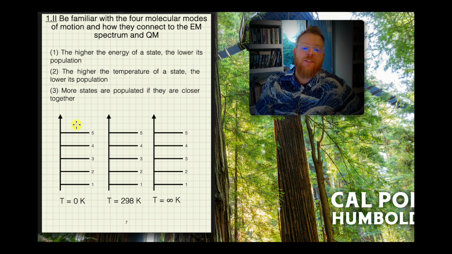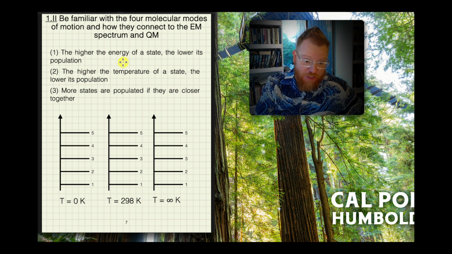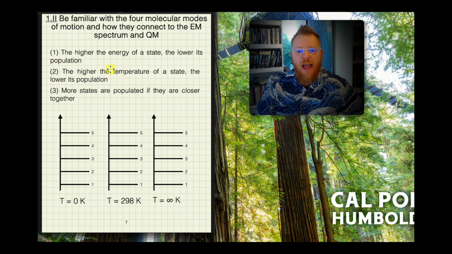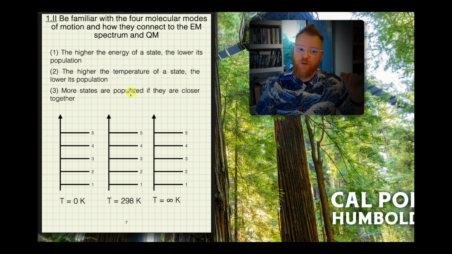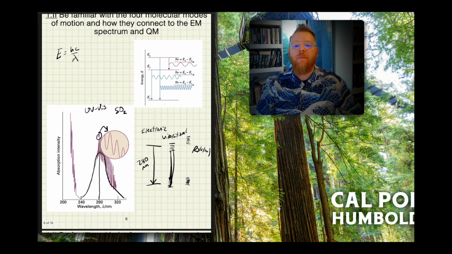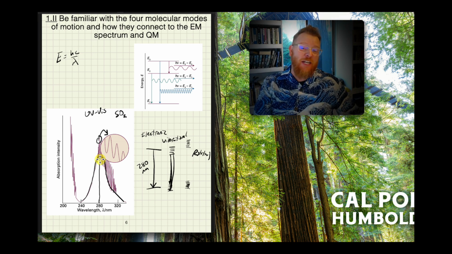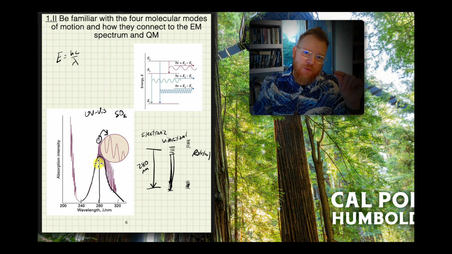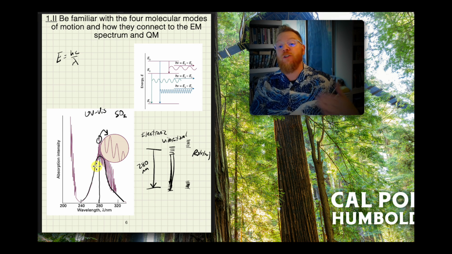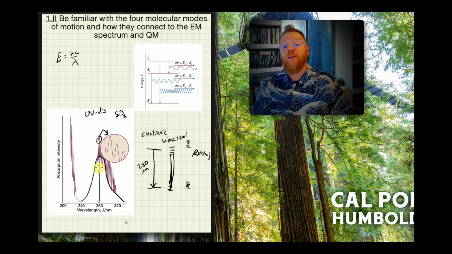And then finally, the last thing to talk about in this slide is what happens with temperature. Remembering our statistical mechanics, the higher the energy of a state, the lower its population. And more states are populated if they are closer together. So if we back up here for a second, we can see that there would be many, many rotational levels, because the rotational levels are so finely spaced that there is a large population of those at room temperature.